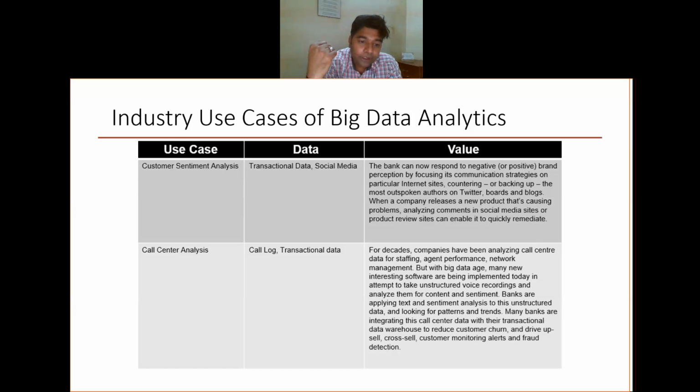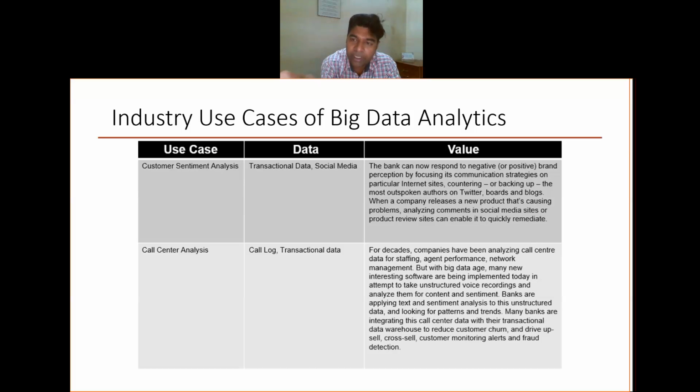Okay, and this is tracked in sentiment analysis projects. So the bank can now respond to negative brand perception by focusing its communication strategies on the particular internet site and countering or backing up the most outspoken authors on Twitter, boards, and blogs.